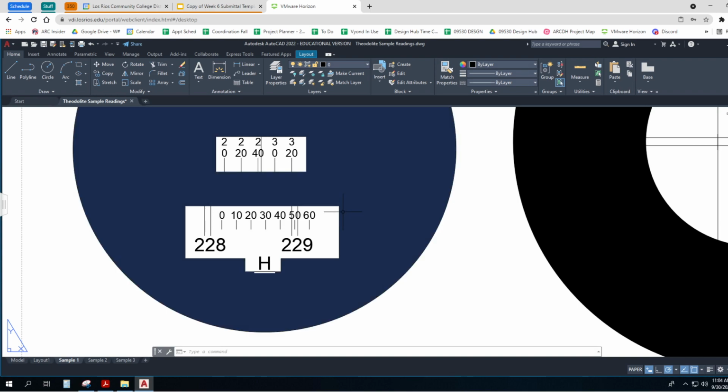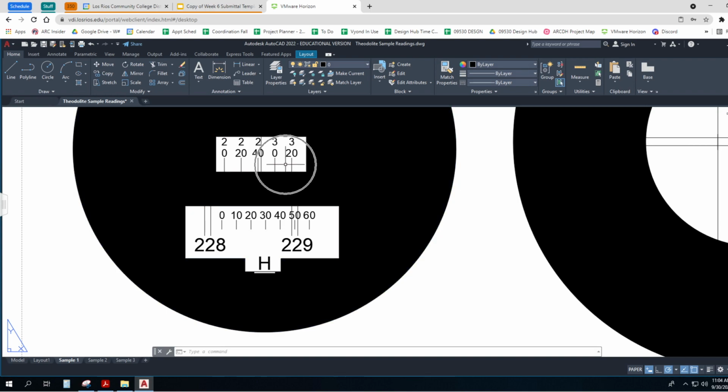So I go up to my fine reading, and that says not just 50 minutes, it's 52, because 2 is really close to this one. 229 degrees, 50 plus 2, 229 degrees, 52 minutes, and now I do have to estimate. It's a little more than 40 and a little less than 60, going 20, 40, 60.